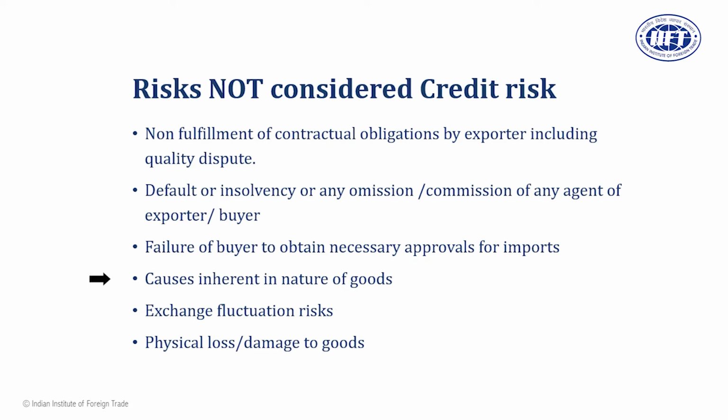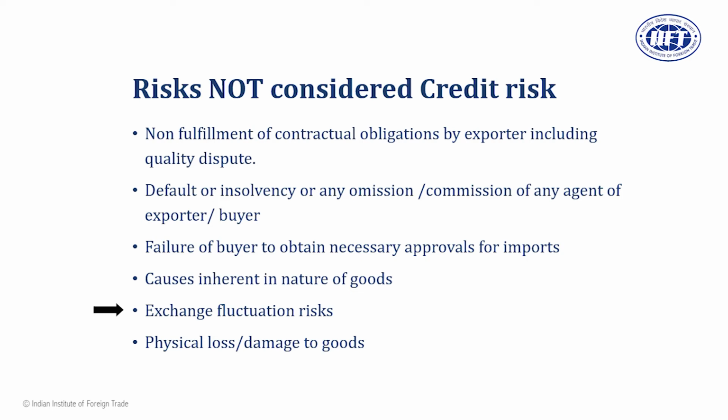Then we can also say that some aspects of the nature of the goods may be hazardous goods, may be chemicals, may be pharmaceuticals. If the nature of the goods renders it unfulfilling for the buyer, it cannot be considered as credit risk. Even exchange fluctuation risks are not considered as credit risks.